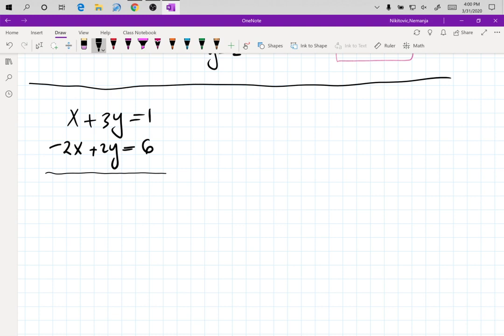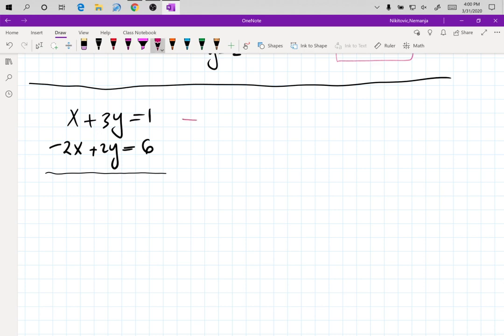Now our job is to locate where we have a coefficient of 1 or negative 1. I call them single, right? Because you are not going to get fractions if you find the one without a coefficient.